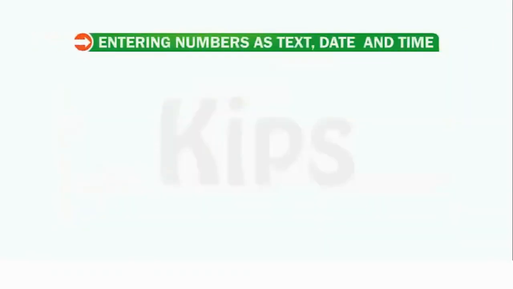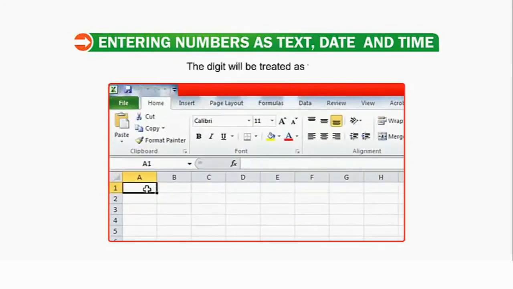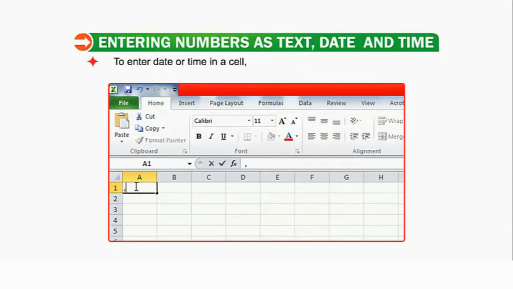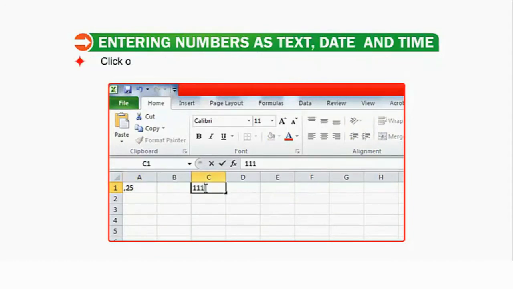Next topic is entering numbers as text, date and time. To enter number as text, place apostrophe before the number. The digit will be treated as text. To enter date or time in a cell, type the number and click on the enter button next to the formula bar.